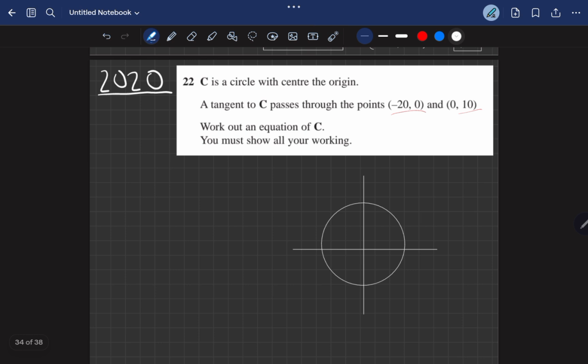So -20, 0 is somewhere over here, and 0, 10 is over here. Let me extend this a bit. So this is -20 and this is 10. Work out an equation of C.